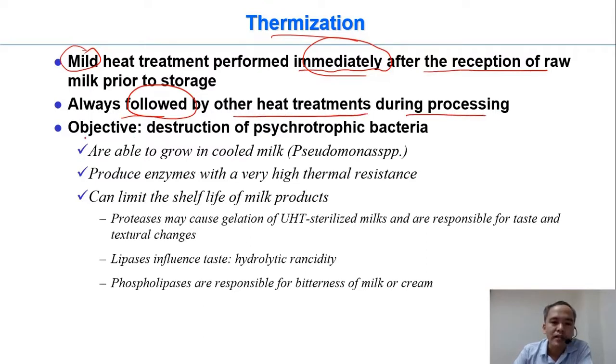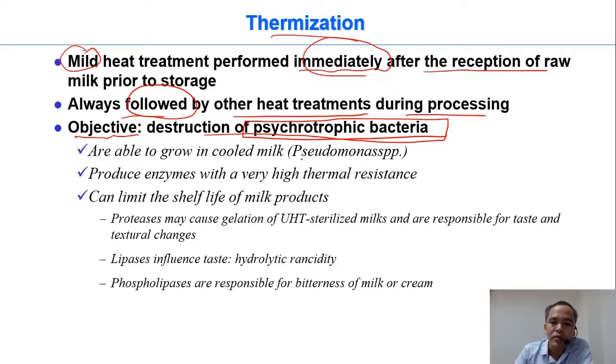And what is the objective of thermization? Destroy psychrotrophic bacteria. What is psychrotrophic bacteria again? Psychrotrophic bacteria actually love to live at an average temperature of 20 to 30, but they can still multiply quite fast in fridge conditions, in chilling conditions.